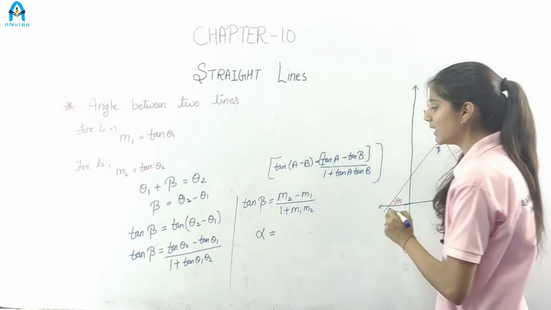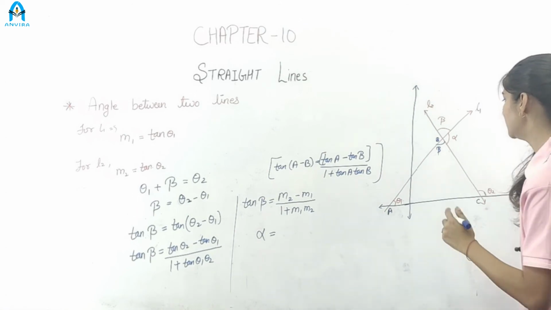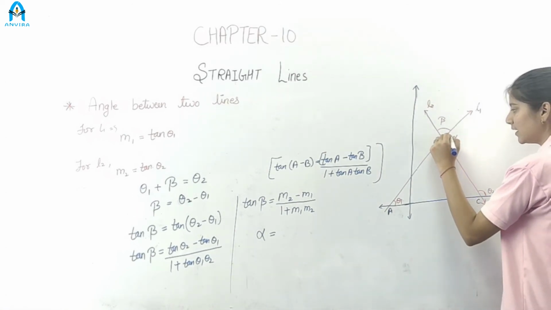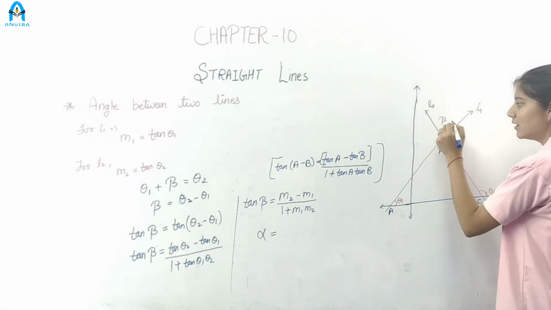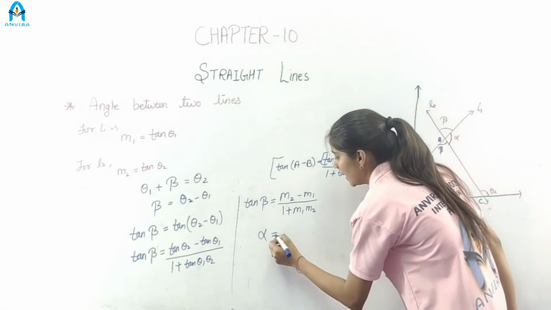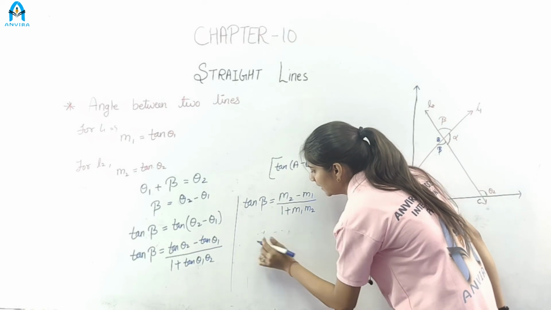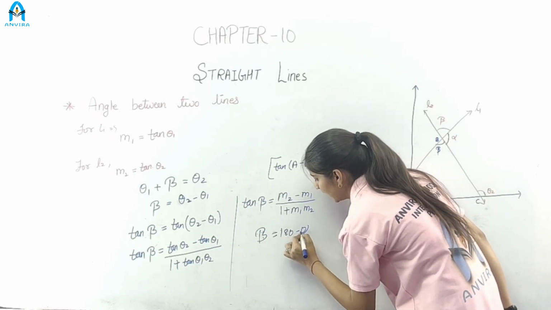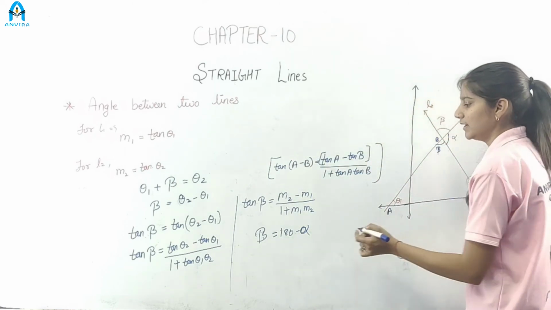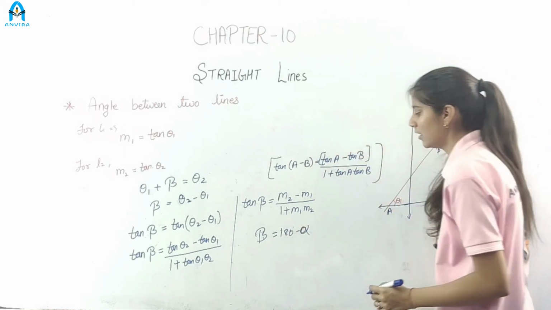Since alpha and beta are supplementary, see here, how can I write the alpha? Alpha is given by 180 degree minus beta, so beta can be written as 180 degree minus alpha.